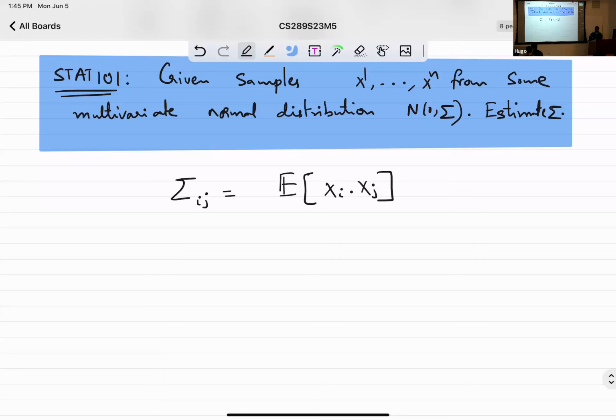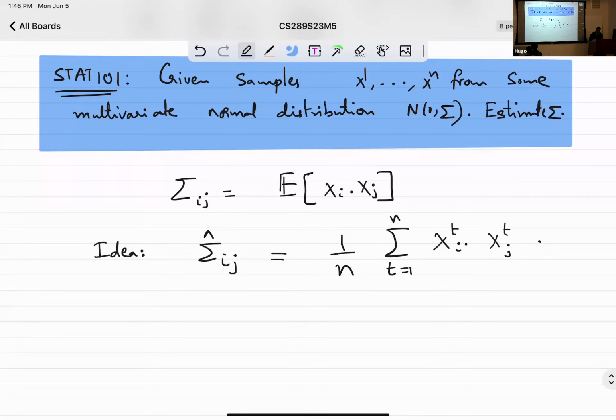So let's try a sample average, right? And that's called the sample covariance matrix. So the idea is to estimate sigma_ij as the average over the n samples of this quantity, just using my samples to estimate it. And there's a compact way to write this.